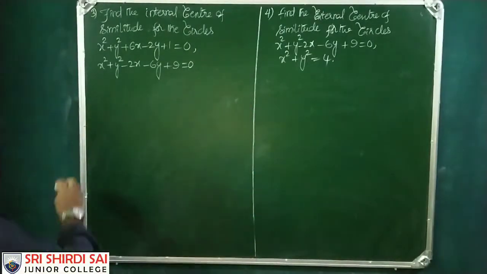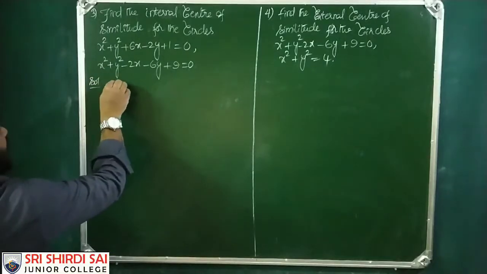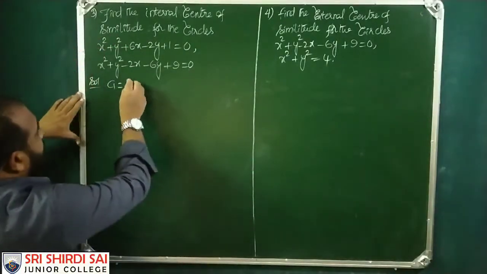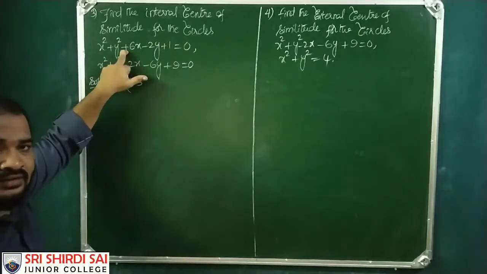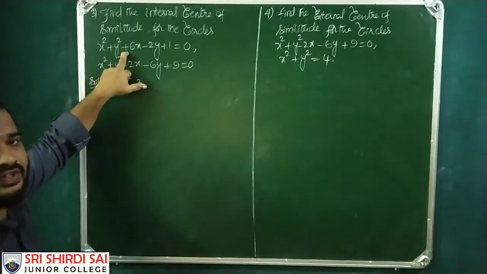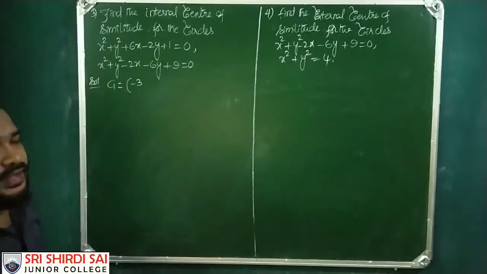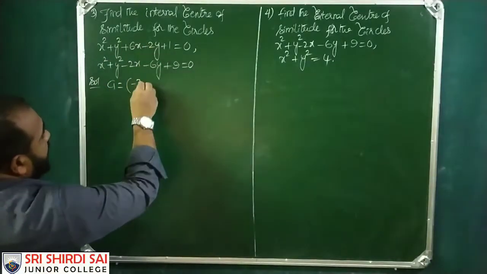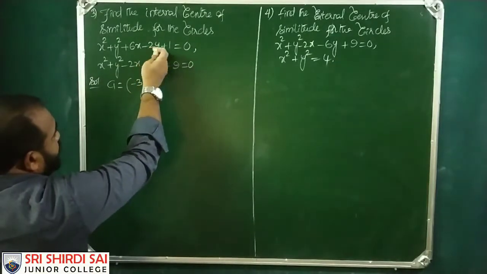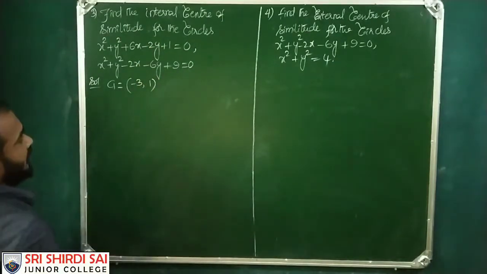First, C1 of the first circle is (-3, 2). Simply change the sign and take half of the coefficient of x and coefficient of y. That is the center. So here minus is there, take plus, and the y coefficient is 2, half of it. So this is C1.